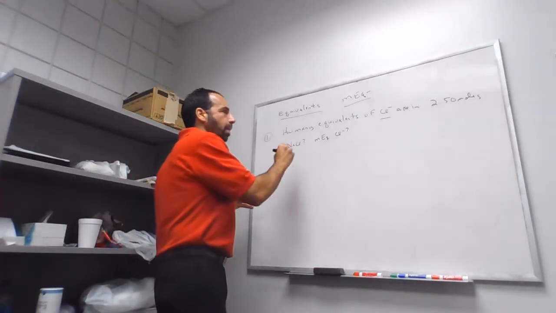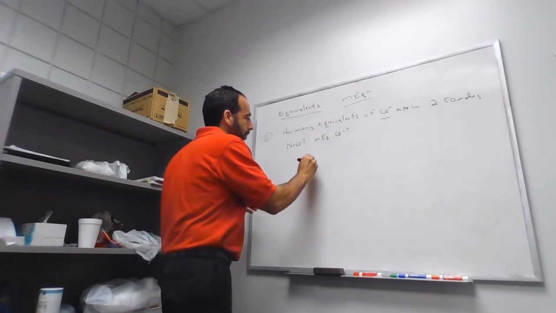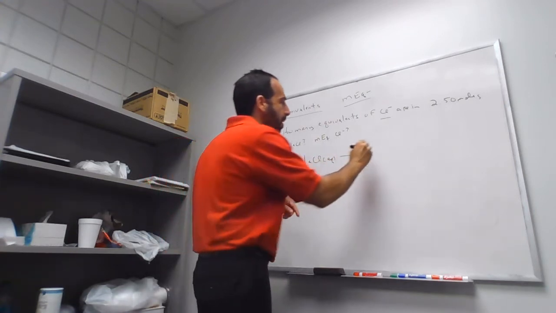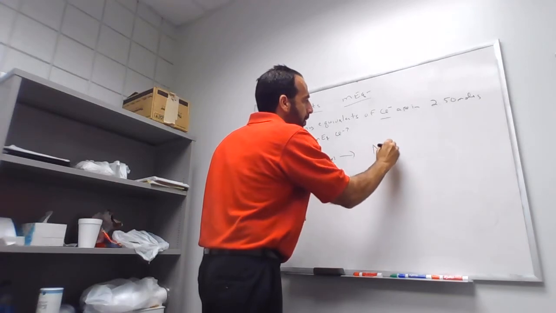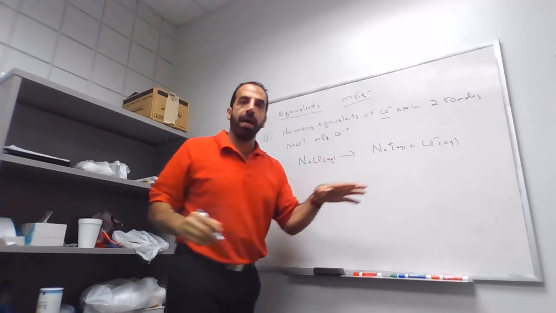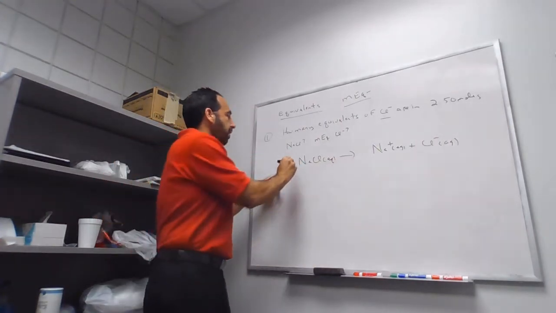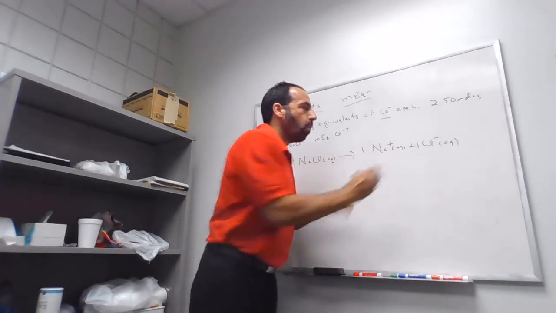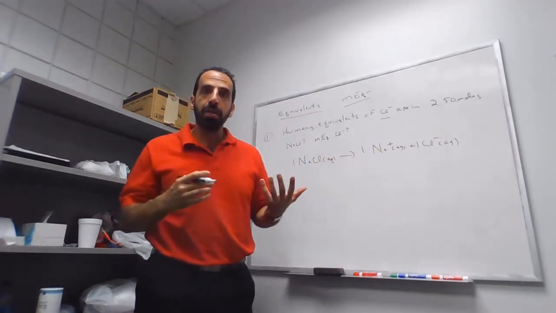A couple of things. If I have sodium chloride, it's going to break down to form sodium ions plus chloride ions. And again, this is balanced. So basically 1 mole of sodium chloride will form 1 mole of sodium ions and 1 mole of chloride ions.